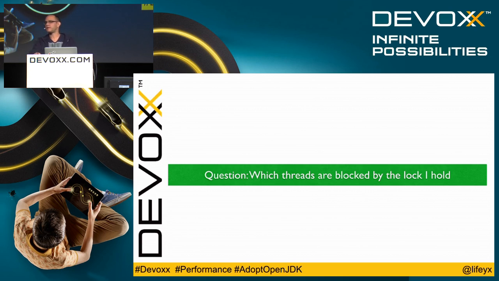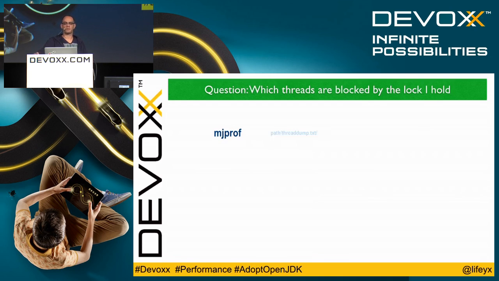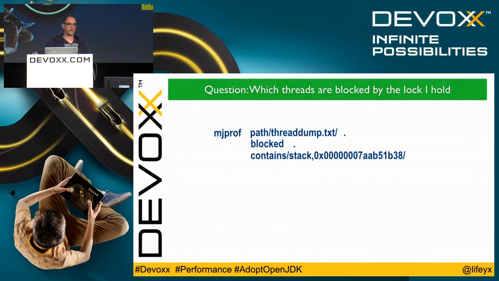But if I have 1,000 threads, it will be really hard. So I can run mjprof with the thread dump that I already have, and try to find threads that are blocked, and also contain in the stack the pointer of the lock that I'm looking for. Okay, and that filters out everything that is not interesting for me.